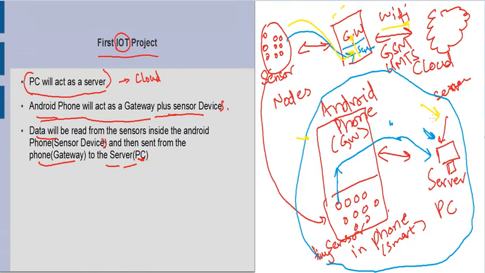So you can make a server on your computer, and you can develop a client app on your Android phone, which is going to read the sensor values from more than one sensor or only one sensor, any of temperature, pressure, accelerometer, gravity, orientation, proximity, whatever, and also send those values to the server.